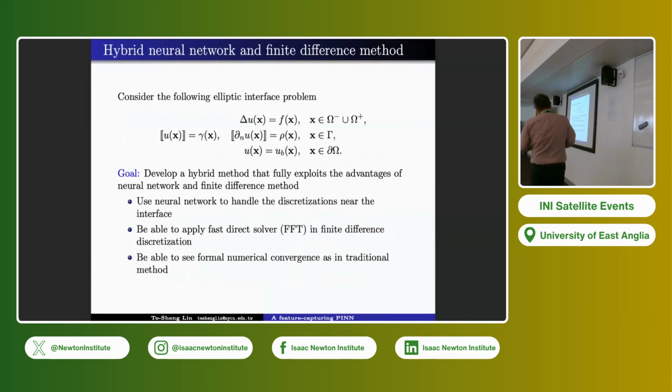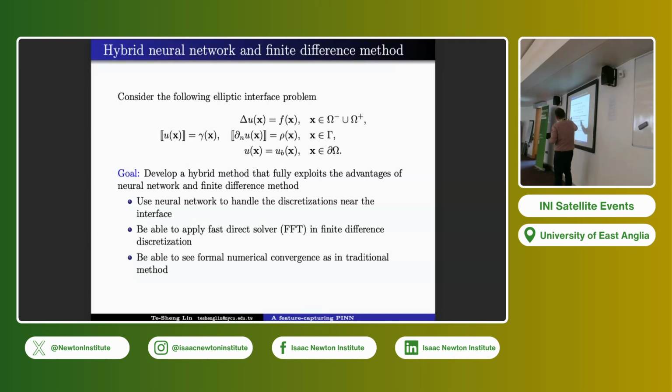And then the next one is a hybrid neural network and finite difference method. Again, we want to solve this elliptic interface problem. The question is, can we have a hybrid method that combines the advantages of finite difference and neural network to solve this problem? The difficulty in the traditional immersed interface method is that along the interface you need to find a stencil and you need to find the corrections.